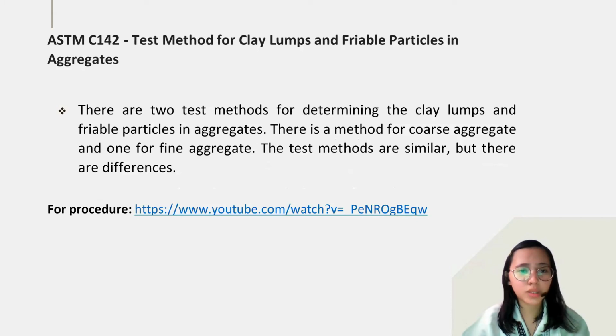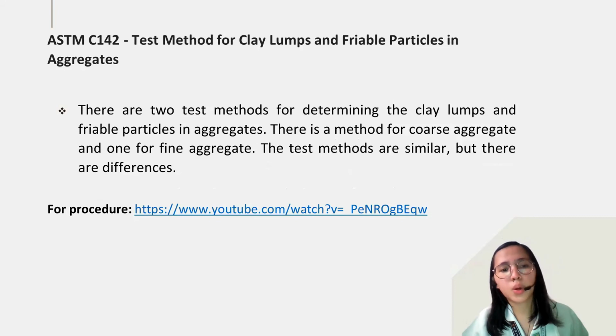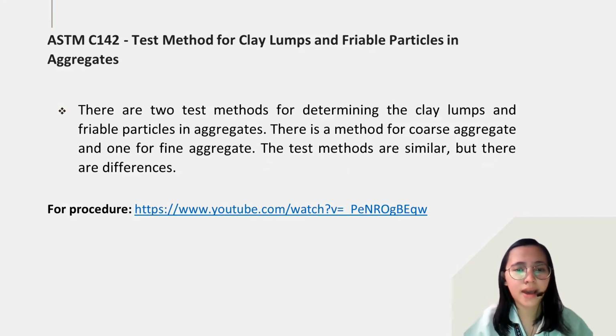So the next method is ASTM C142, test method for clay lumps and friable particles in aggregates. There are 2 test methods for determining the clay lumps and friable particles in aggregates. There is a method for coarse aggregate and one for fine aggregate.